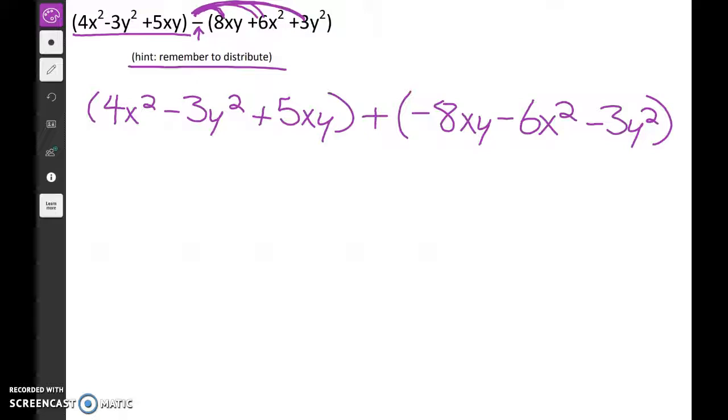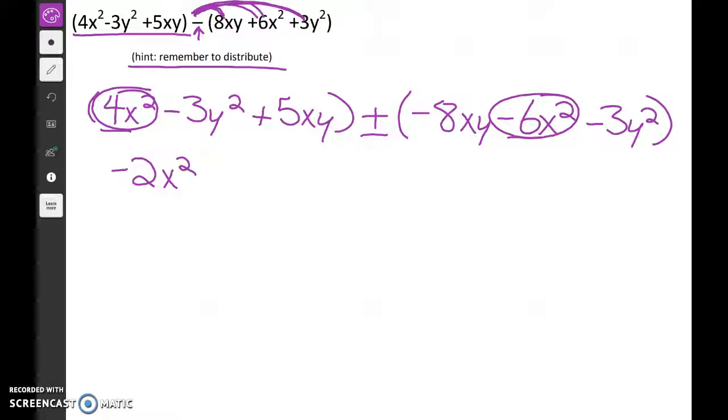Now, from here, you can just combine like terms by combining what is the same. So, do I have an x squared? Yes, I have a negative 6x squared. So, since this is addition, I'm going to add 4 plus negative 6. 4 plus negative 6 will give me an answer of negative 2x squared.